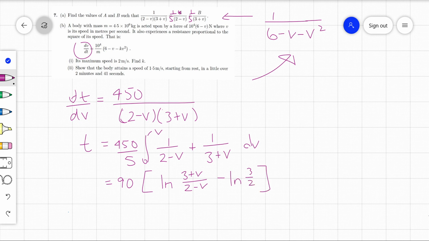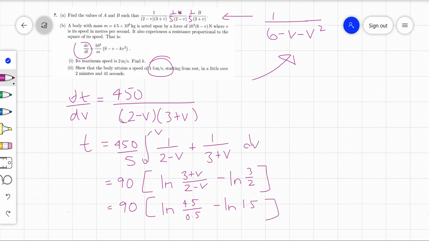All right, now it did say show that. So show that the time is 2 minutes 41 seconds. All right, so we're going to sub in our velocity of 1.5. So we've got 90 times log of 1.5, so 4.5 on 0.5, minus log of 1.5, 3 on 2.